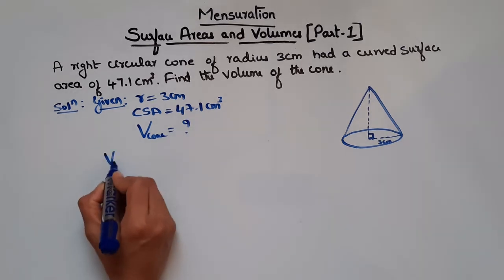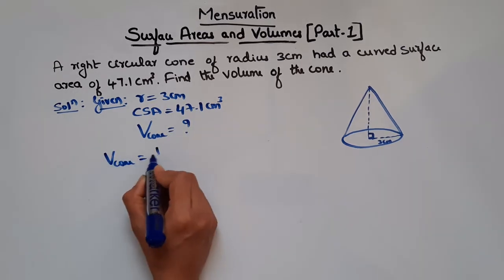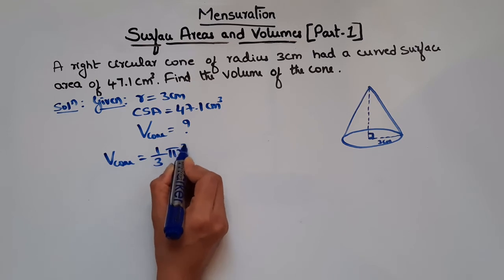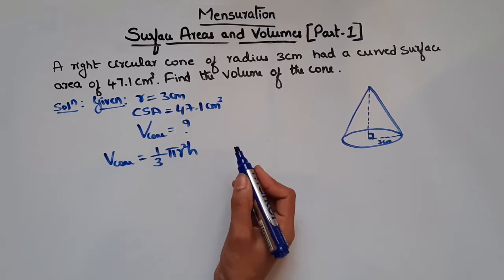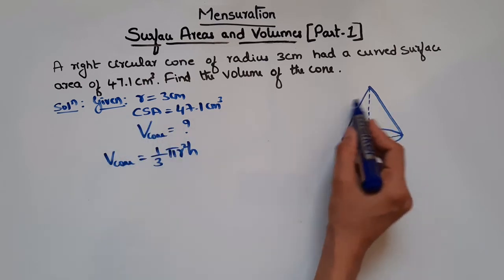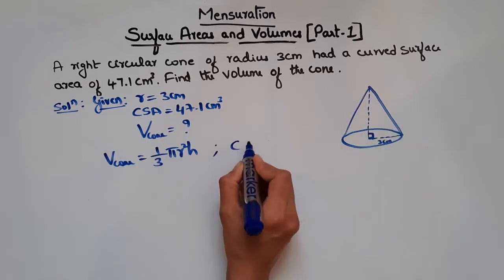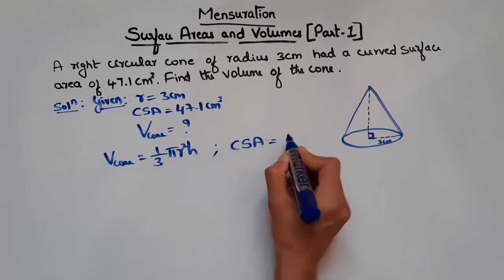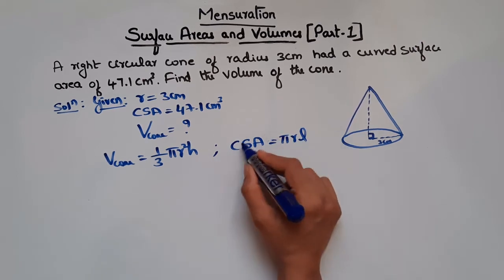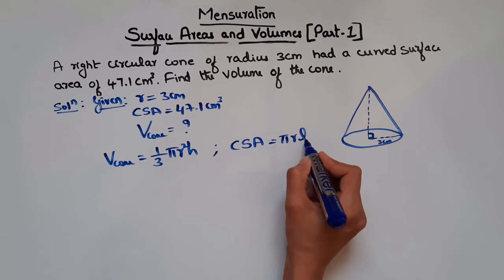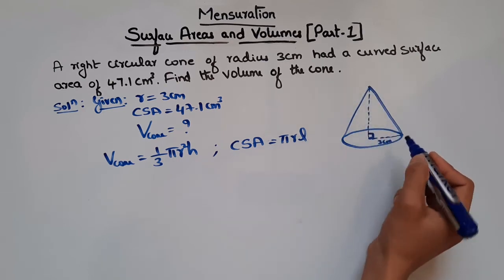We know volume of the cone is given by 1 by 3 pi r square h, right? But the height of the cone is not given. But they have given the curved surface area of this cone. So we know curved surface area is nothing but pi r l, right? So using this formula you can find the value of L. L is nothing but the slant height, right?